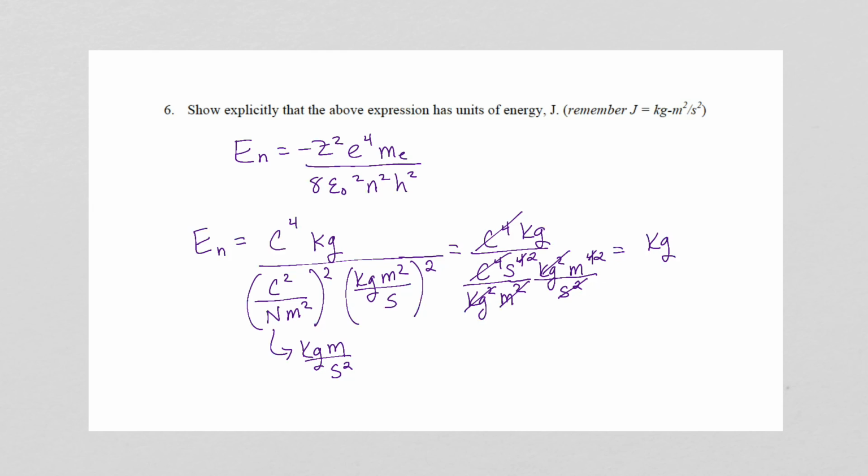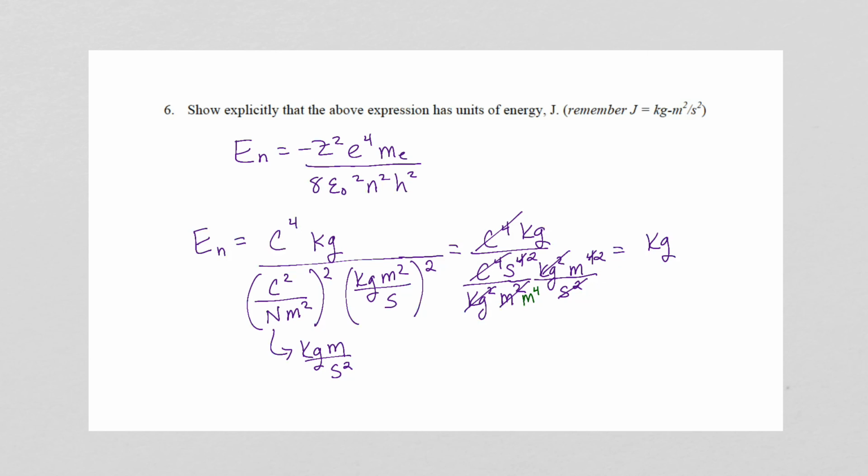See, it's okay. If things don't work out right away, you can find your mistake. You just gotta go back and take a look-see. Okay, so that means, I'll make this a different color so we can see what I'm adding, we need a meter to the fourth down here.